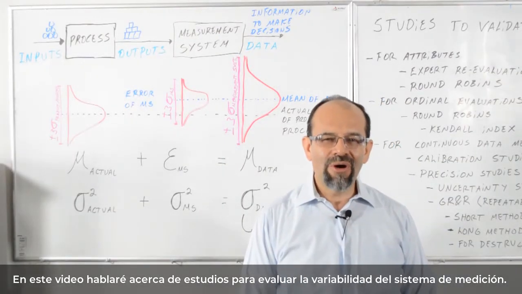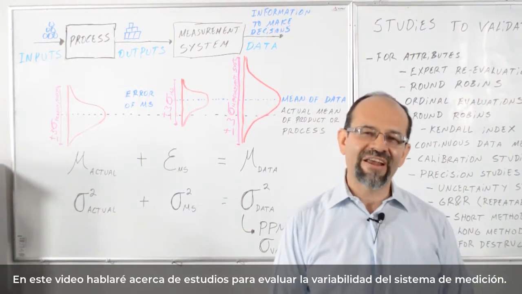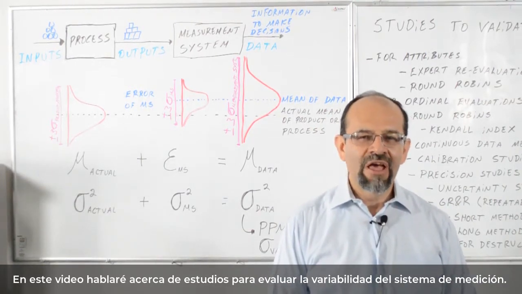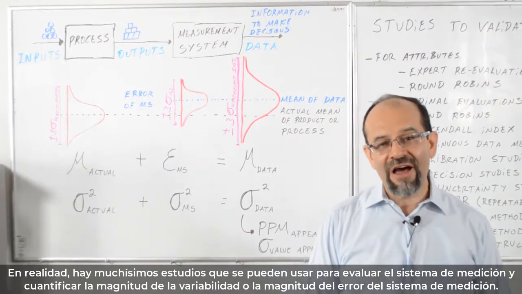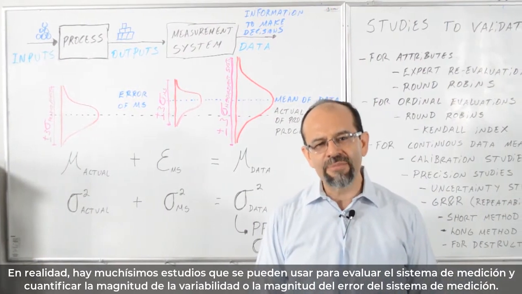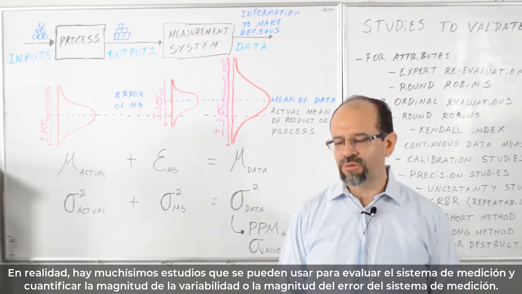In this video, I will talk about studies to evaluate the variability of the measurement system. In reality, there are many studies that can be used to evaluate the measurement system, to evaluate how big the variability is or how much the error of the measurement system is.